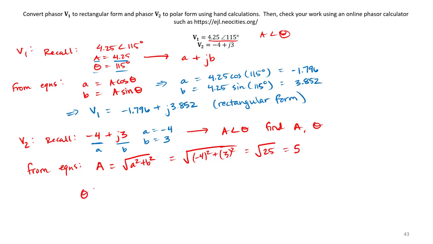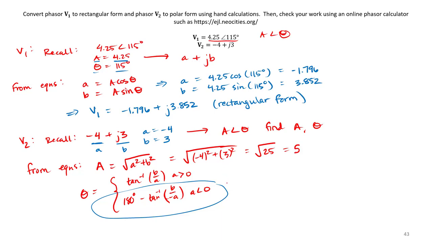And then theta depended on whether A was greater than 0 or less than 0. So in this case, we need to take the second version of this equation, and we determine here that our theta is going to be 180 degrees minus inverse tangent of 3 divided by negative 4.